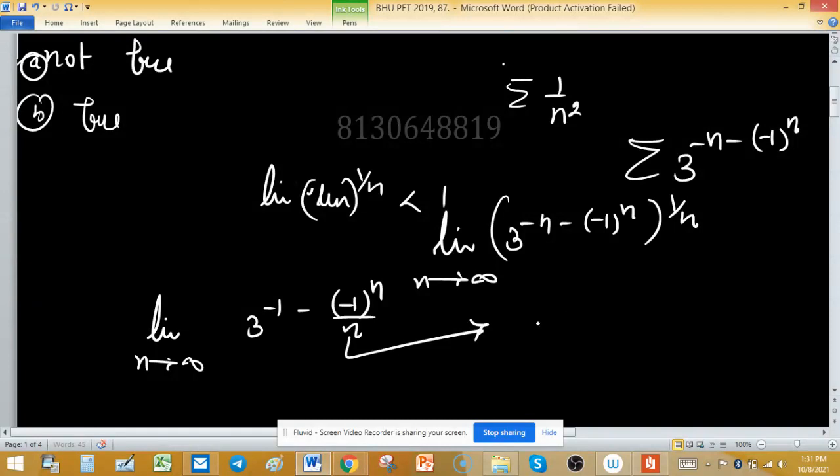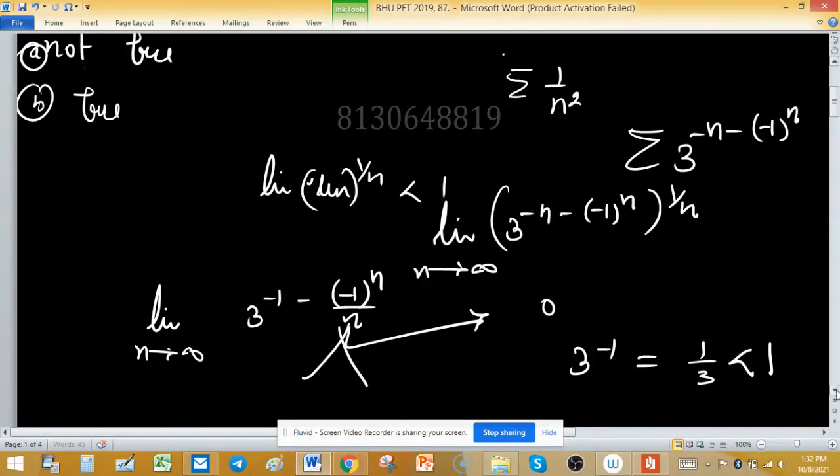Now this sequence is tending to 0. So we have limit 3 raised to the power minus 1, which means 1 upon 3, which is always less than 1. So this series is convergent. You can also find the limit of this expression easily by complementary sequences.